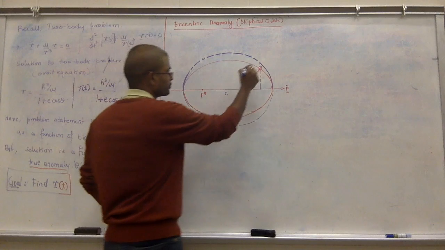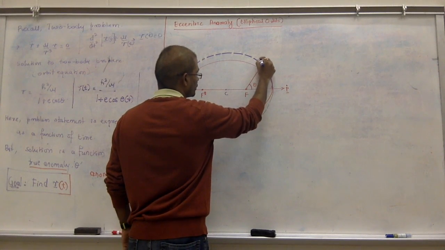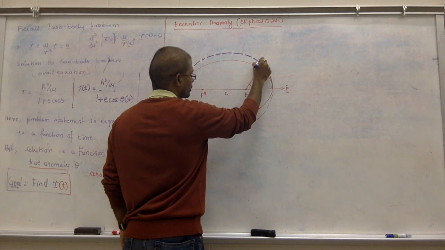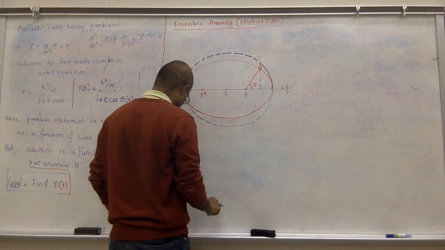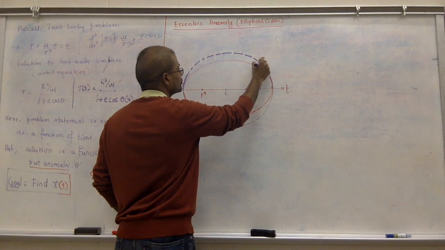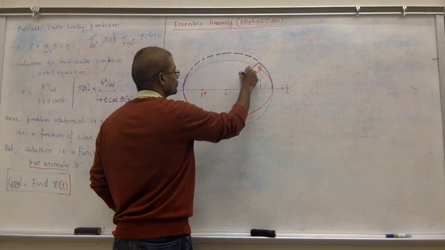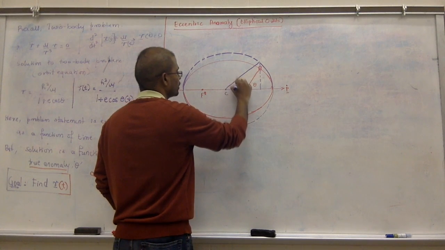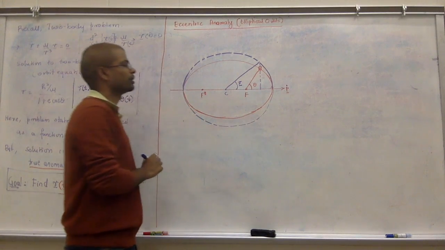And then, wherever this line meets the circle, you join this to the center, and this angle is the corresponding eccentric anomaly.